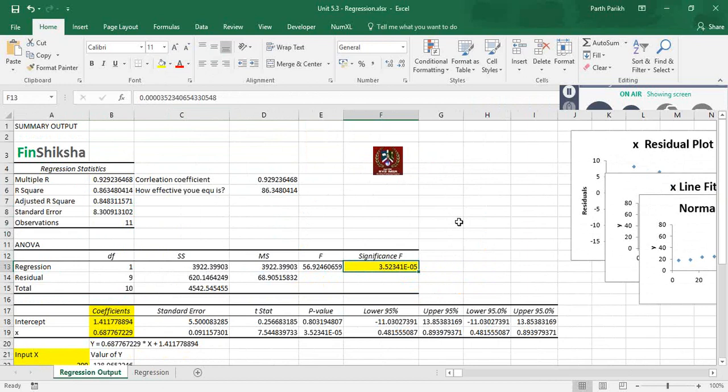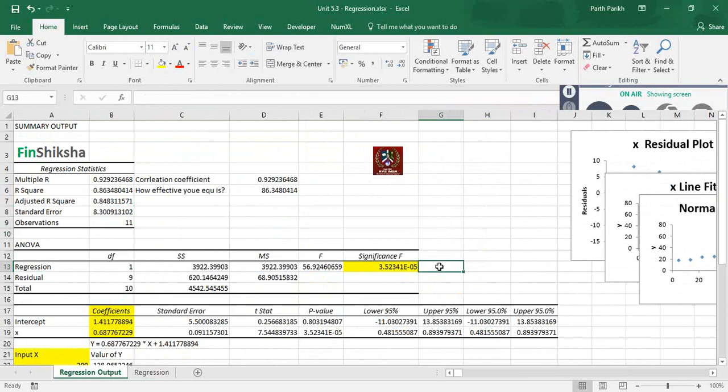For significance F, we usually take a value of 0.05 or 5%. Significance F means what amount of regression is by chance. Over here it is 3.52 e raised to minus 5, which is basically 10 raised to minus 5, which is 1 upon 1 lakh, very negligible.